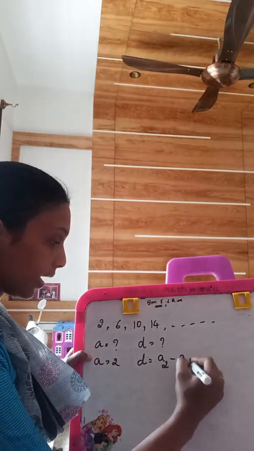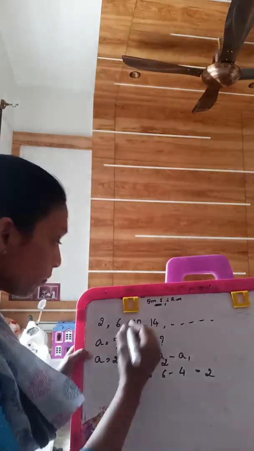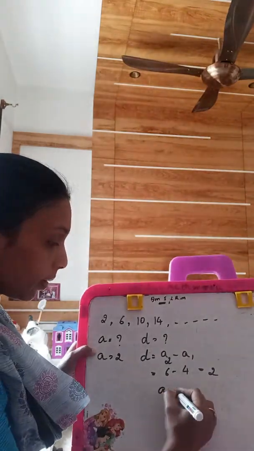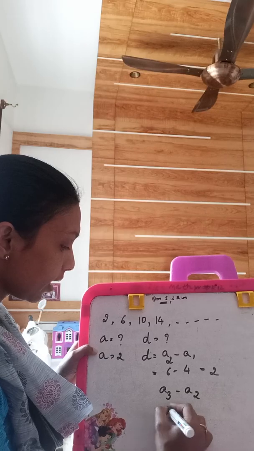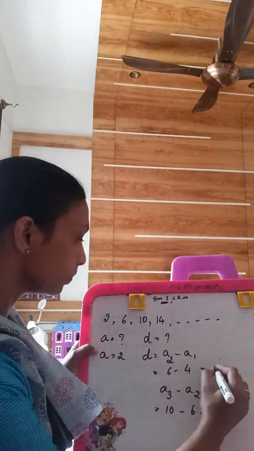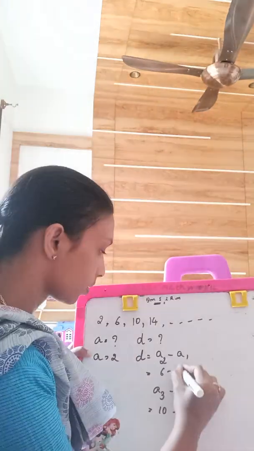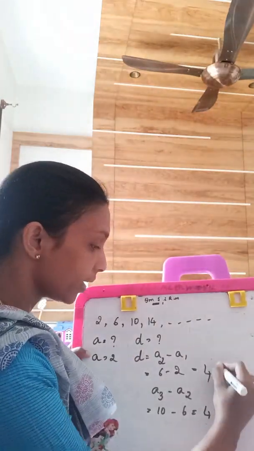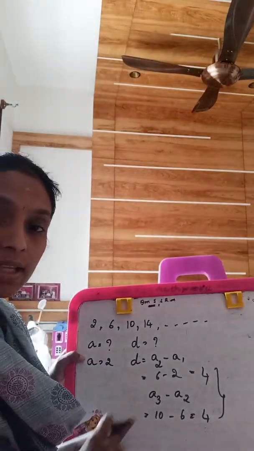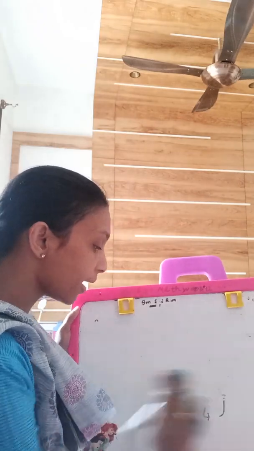A2 minus A1, 6 minus 2, that is equal to 4. Then A3 minus A2, that is 10 minus 6, is equal to 4. Understood? The difference we are getting is a constant. Understood how to find A and D?